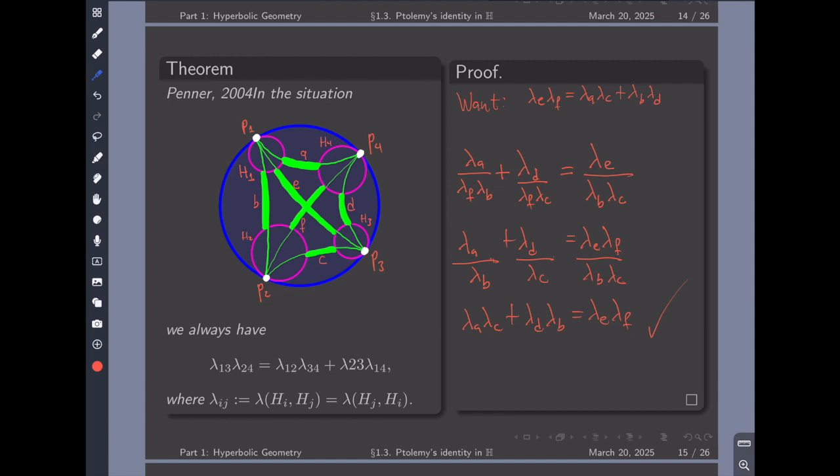Yes and no. What happens is that lambda lengths, each lambda length is going to be a function from a certain Teichmüller space to the real numbers, and these functions satisfy the same identities as the Plucker relations, but the Plucker relations really are functions from the Grassmannian to the complex numbers, right?